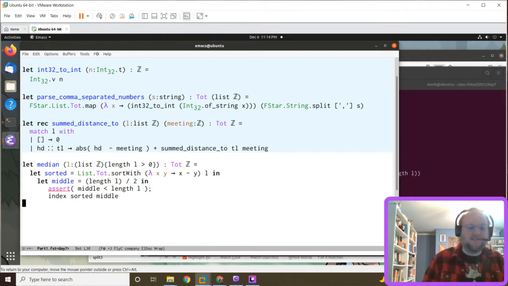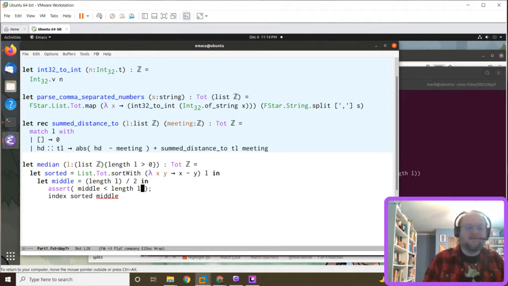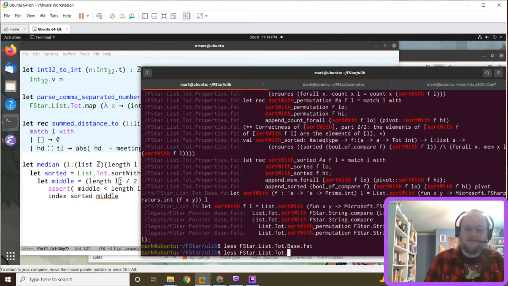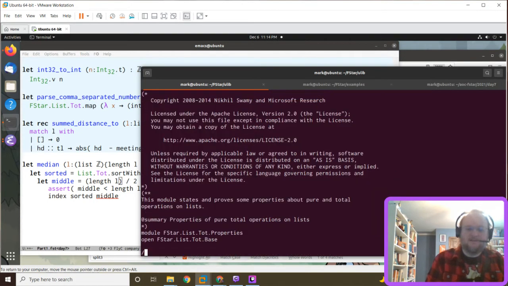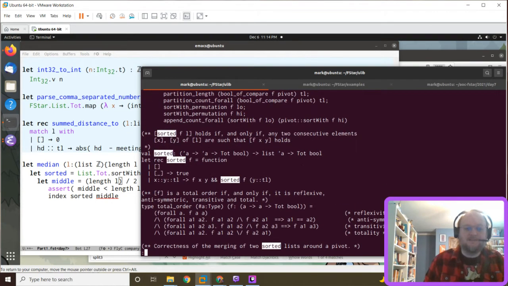So S star, okay. Okay, it doesn't know that sorted and L have the same length, but lemma.